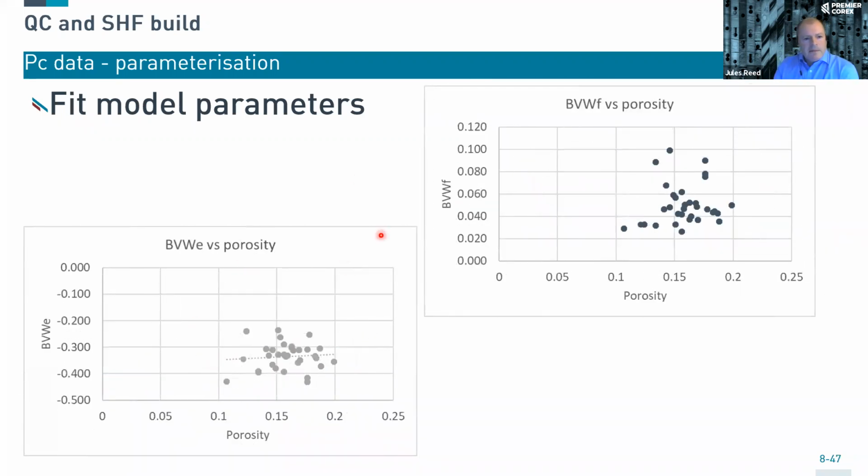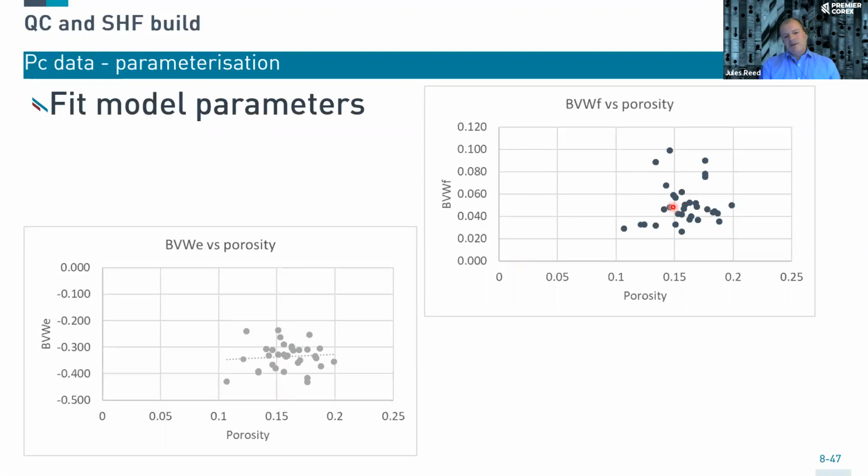If I look at the bulk volume of water and how that correlates, because bulk volume of water incorporates porosity, we're not normally needing to do any additional correlations, but this is just showing you the spread of data. And what you can see is that it's not really a great correlation.